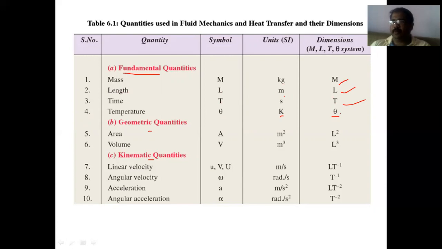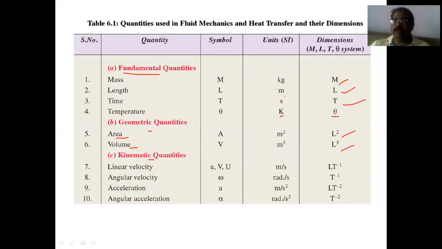Okay, then the second one is the geometrical quantities, whose basic formulas are generally area and volume. So area is denoted by A, the unit is meter square, and it is denoted in the dimensional analysis system by L square. Similarly, volume is denoted by L cube. Similarly, you learn the linear velocity.